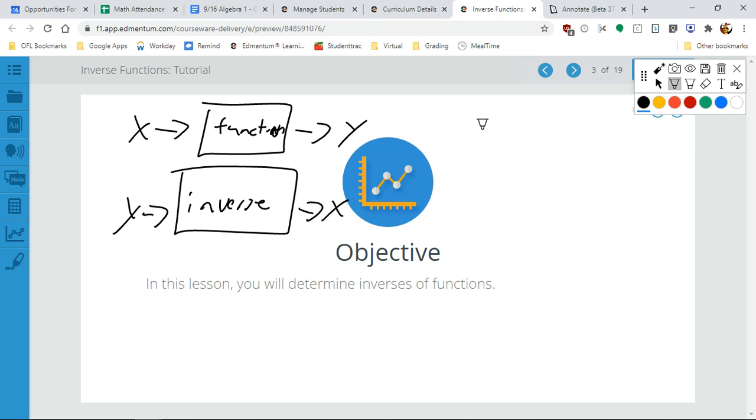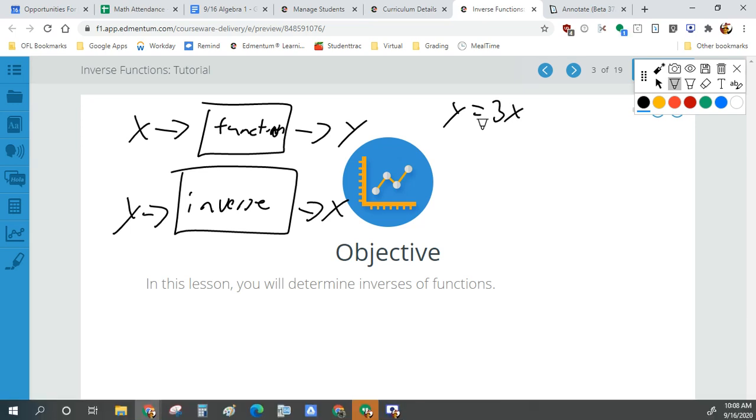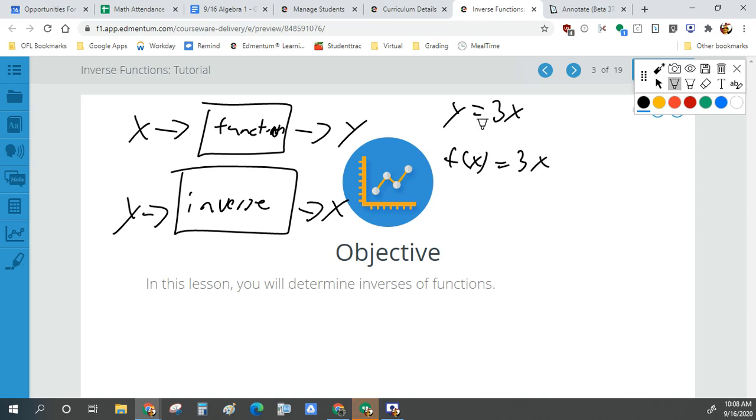So it's literally backwards. So for example, if I have something like y equals 3 times x, an inverse function, and remember function notation would technically be like this, we use it with a little exponent symbol. I don't know why we use this symbol, the -1, but that's what we do.